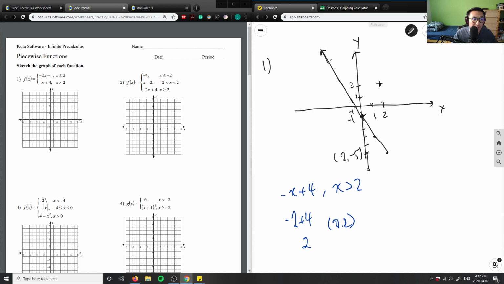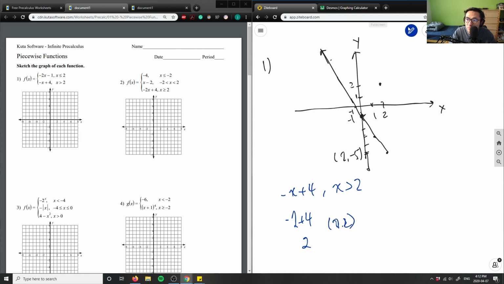You can think of this as my point of origin, and my slope is negative 1, right? So every time I go down 1, I go across 1. So this would be 3, and my next point is here. My x-intercept is at 4, and so on and so forth. Sorry, I told you I would do this in blue.